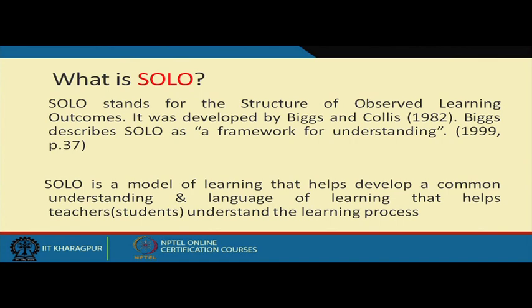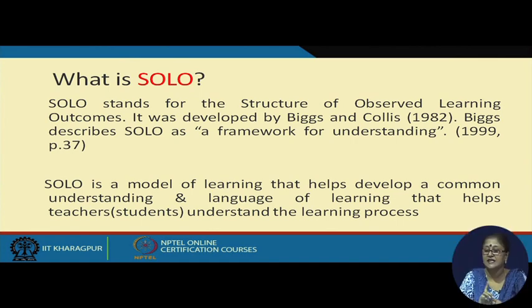It is a model of learning that helps to develop a common understanding and language of learning that helps the teachers to understand the learning process. This taxonomy is very important for evaluating the question paper or the learning process.